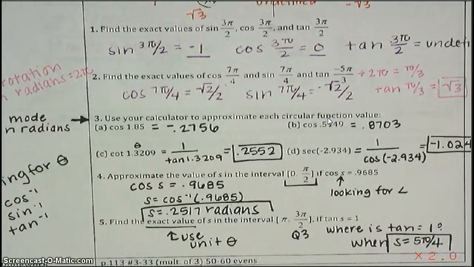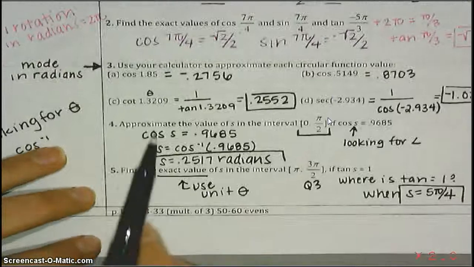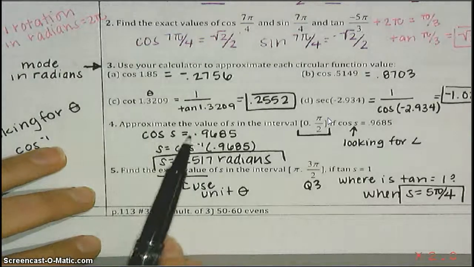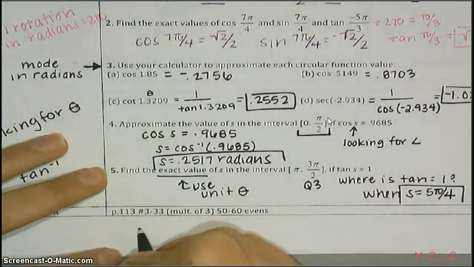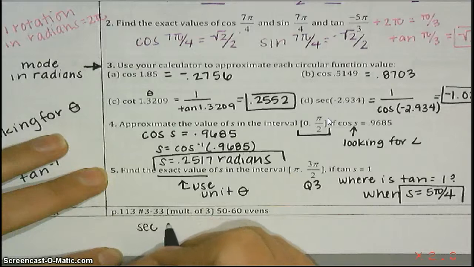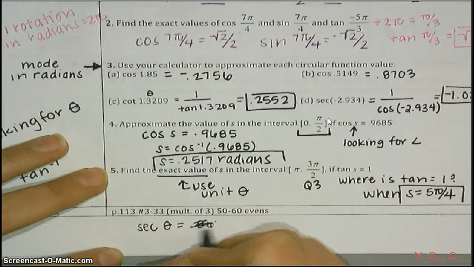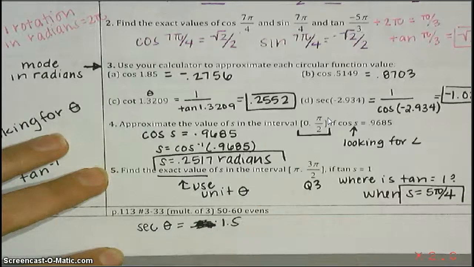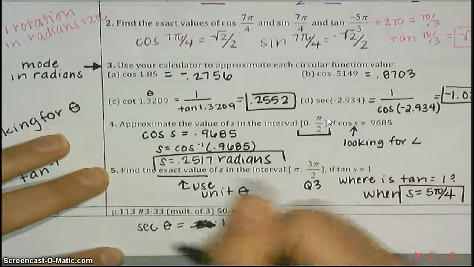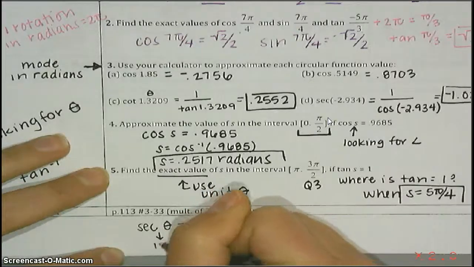I am going to do one last question because I know that there might be one over here where it's a secant value. Say they tell you that secant of theta is equal to, actually, secant is going to equal 1.5. If you have to find theta, keep in mind that you need to transfer it to a cosine value.